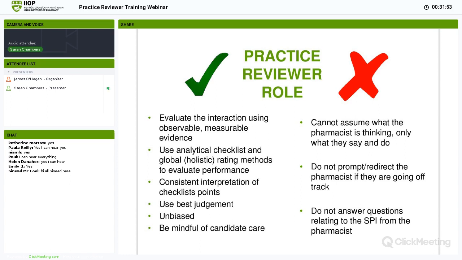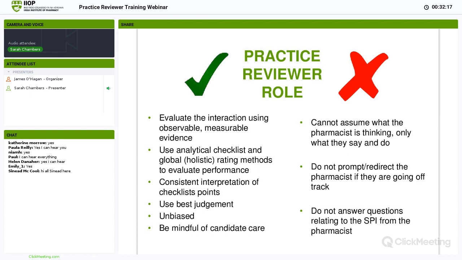What it isn't then, so what's out of scope of the role, and it can be important to remember this too, is that we can't assume what the pharmacist is thinking. Unfortunately, only what they say and do, so observable, measurable evidence. Not to prompt or redirect the pharmacist if they're going off track, because that means that one pharmacist is getting an unfair advantage over the other.